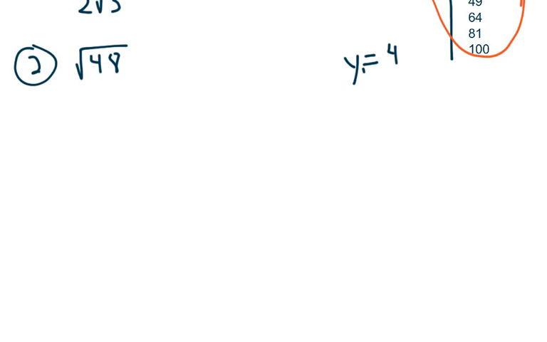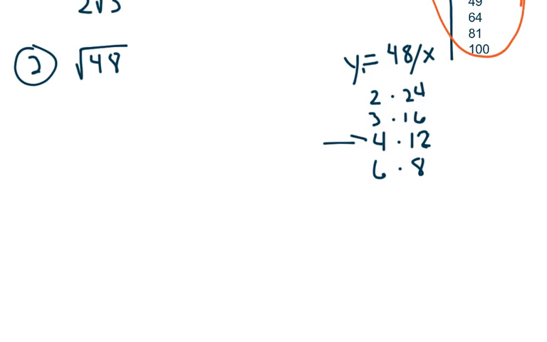Again, you can put 48 divided by x into y equals and find your factors. So here are the factors, and I notice that I've got a 4 right here, but we've got a 16 right here, and that's on our list. So we're going to use this one because we always want to use the biggest square root.